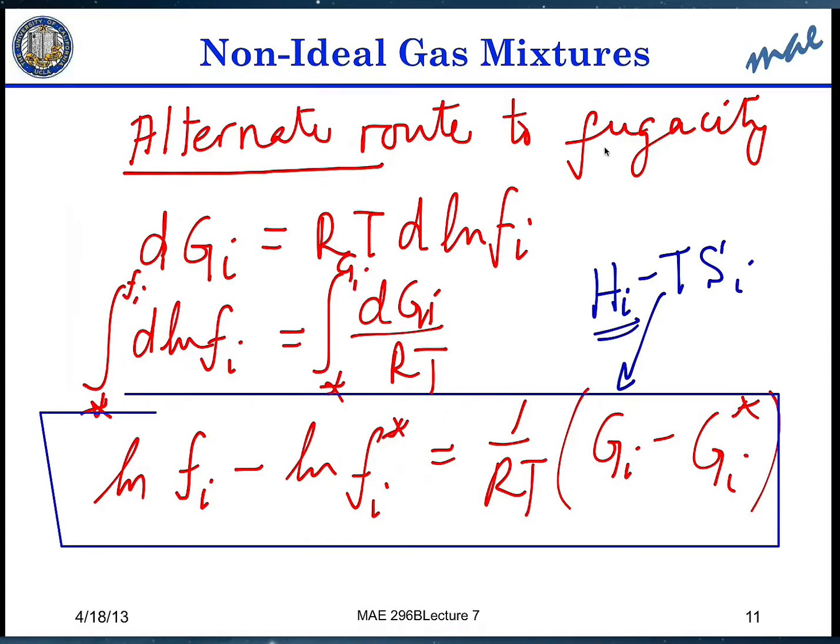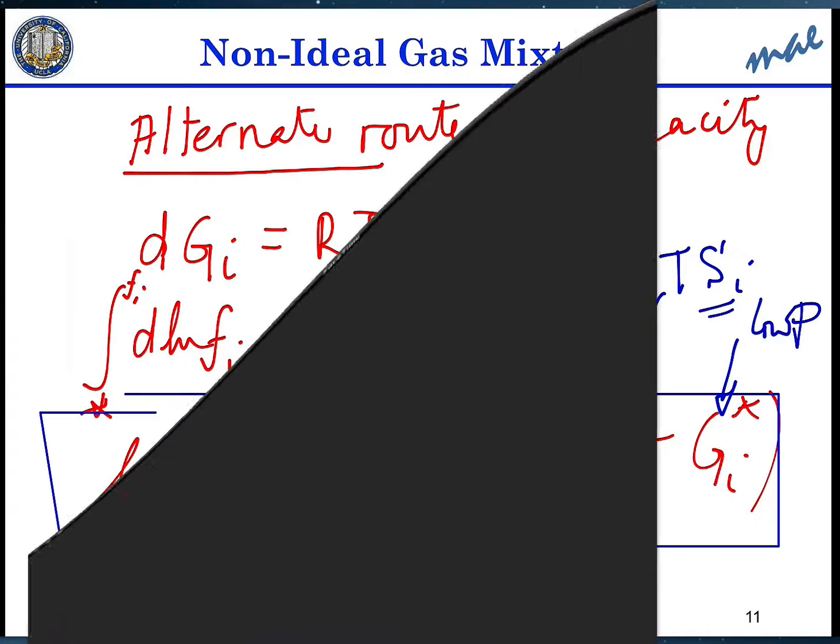So if we know this and this from the steam tables, for example, and we choose the reference conditions to be low pressure, for example, any low pressure, then we know the fugacity at very low pressure is the same as the pressure. Fugacity is the same as the pressure, provided that we have an ideal gas in this case.